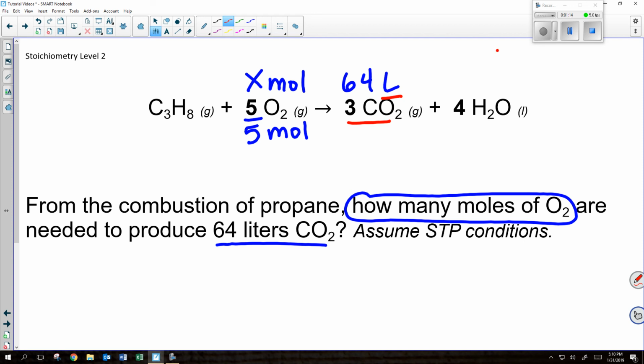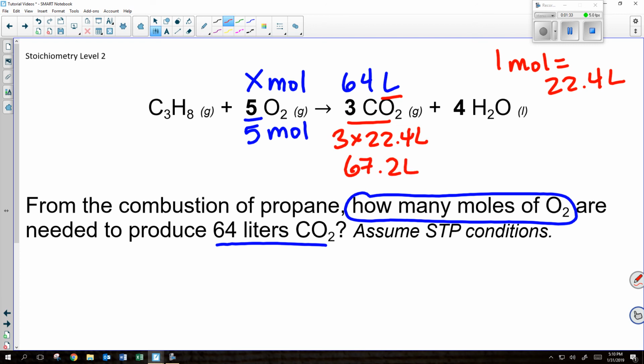We know that 1 mole equals 22.4 liters. So if we have 3 moles, we are going to multiply 3 times 22.4 liters. And that gives us 67.2 liters. And that's the number that is going to be on the bottom in my proportion.